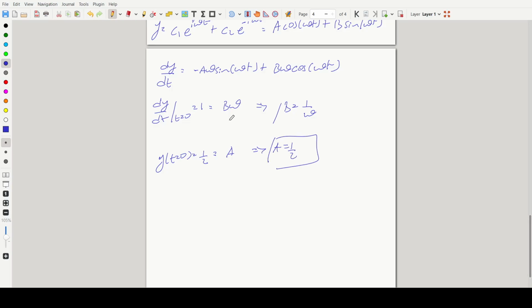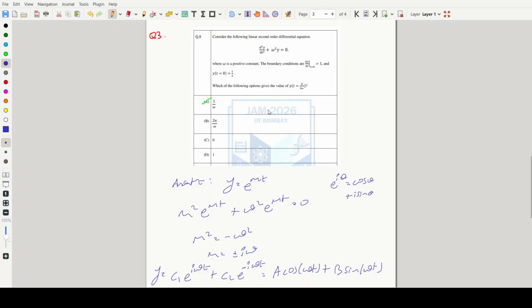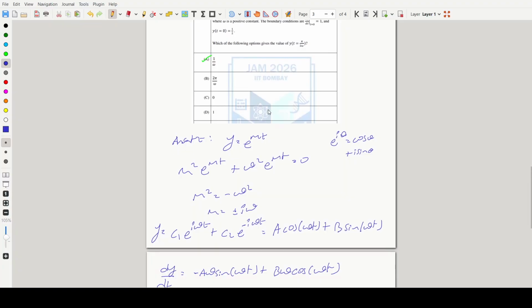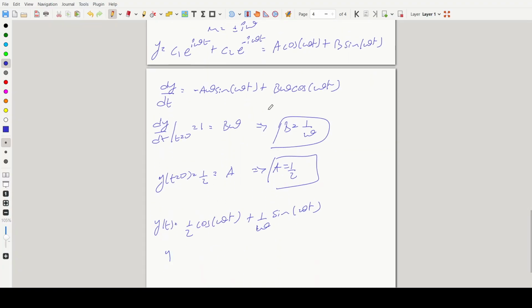Okay, and now my solution y of t looks something like this: a cos omega t plus 1 over omega sine omega t, and I have to find the value at t equals pi over 2 omega.